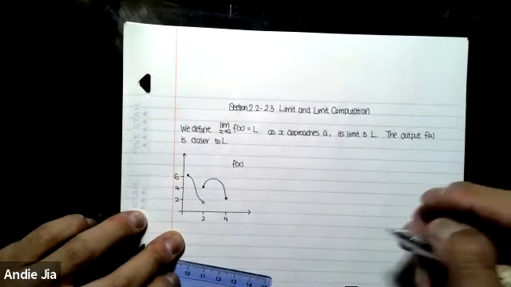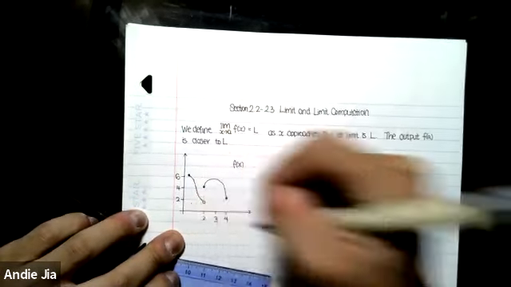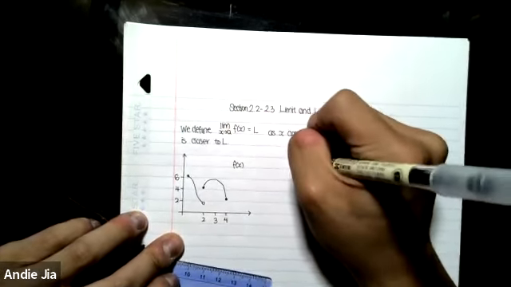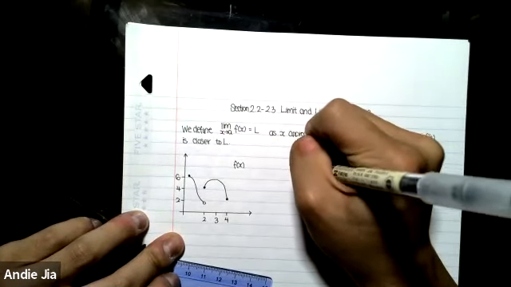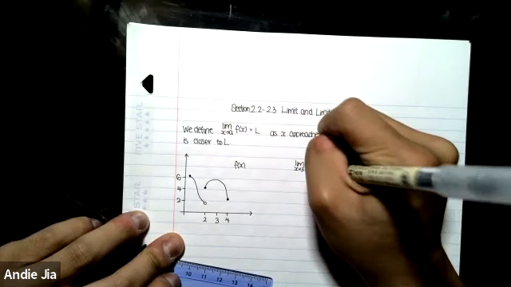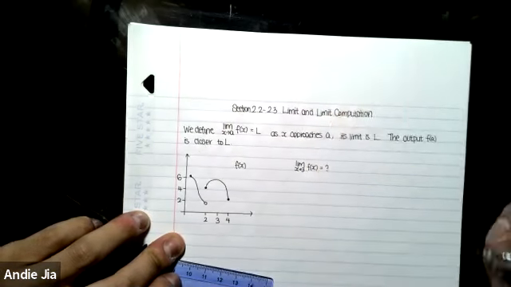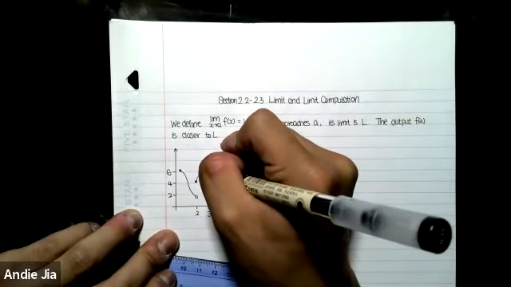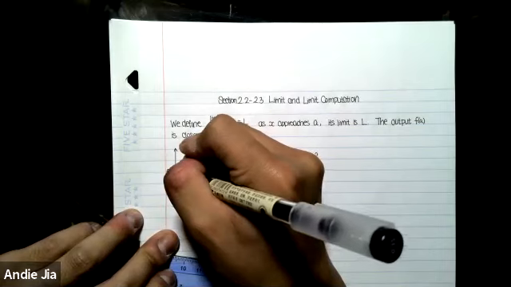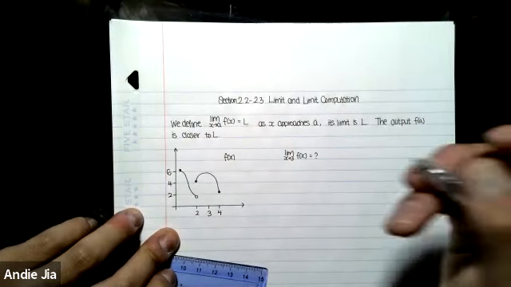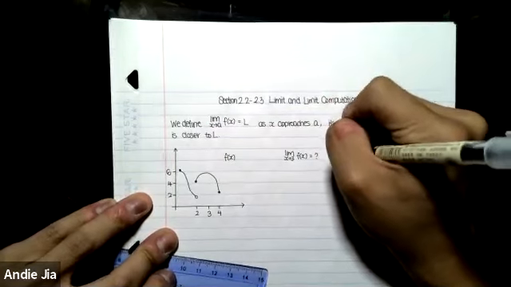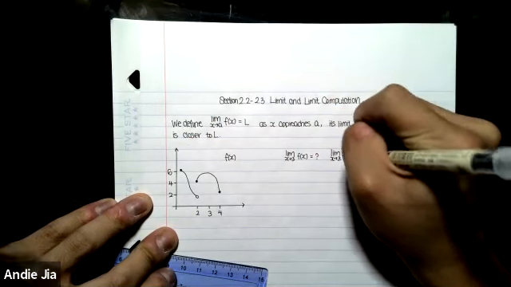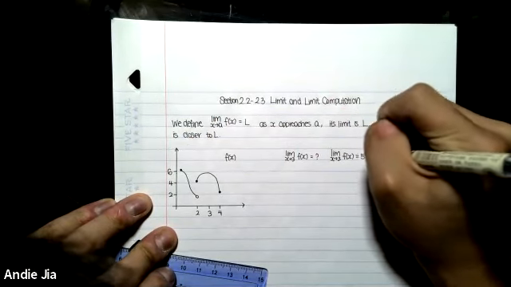And if we take x equals 3, what is the limit as x approaches 3 of f of x? Here we can see that when x equals 3, the function graph is at about 5.8. So we can say that the limit as x approaches 3 of f of x is 5.8.